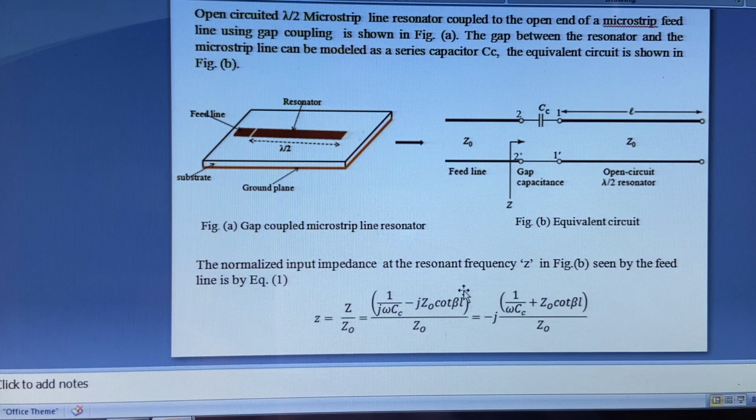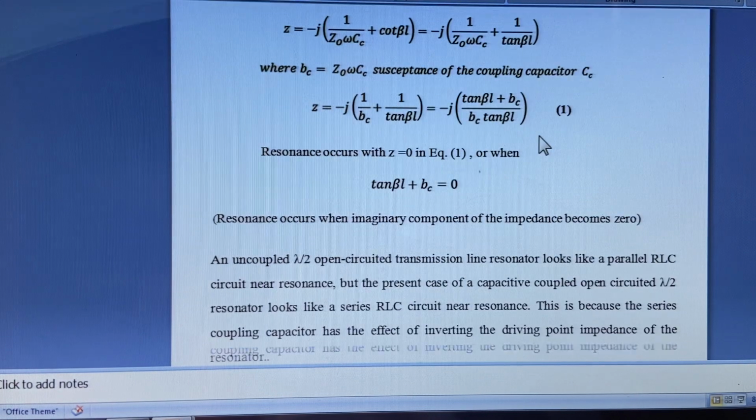That behaves like a parallel resonator circuit. But because of the addition of this coupling capacitor, the present case of the capacitively coupled open circuited lambda by 2 resonator looks like a series RLC circuit, as from here.